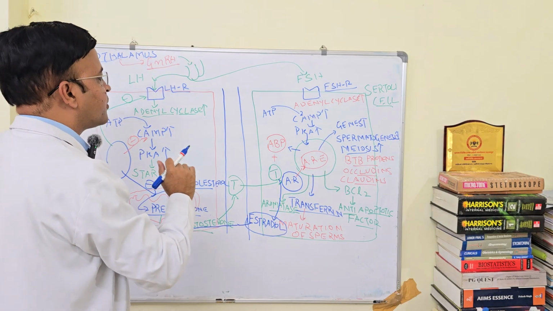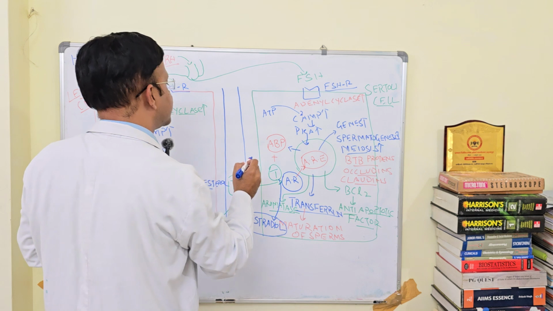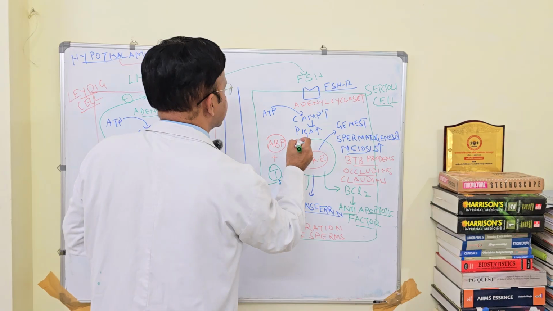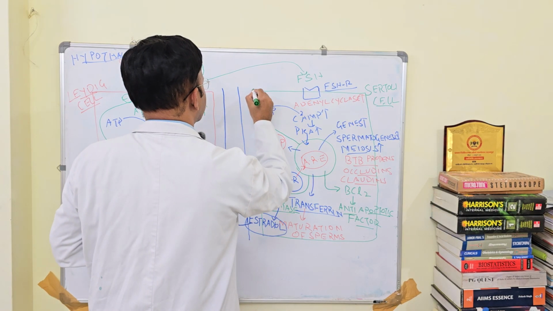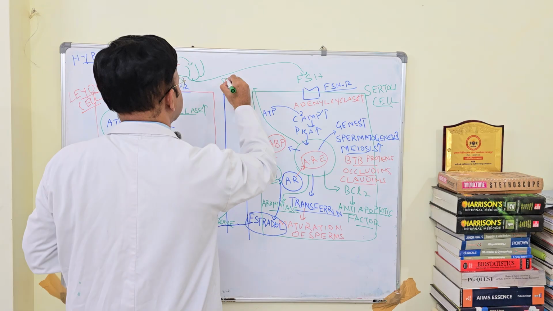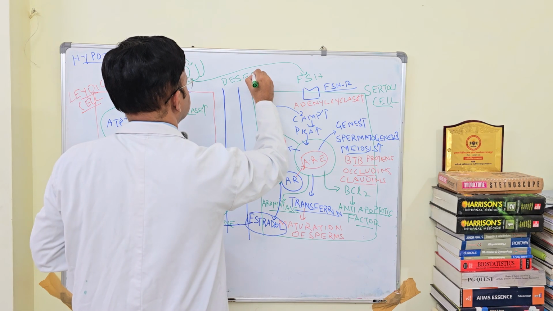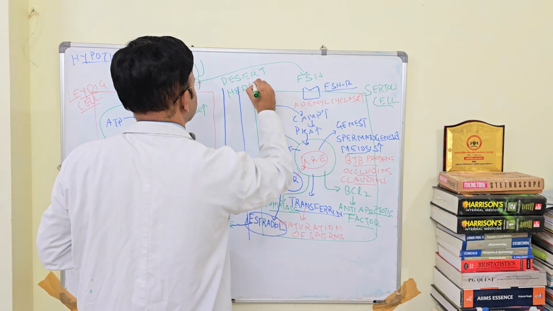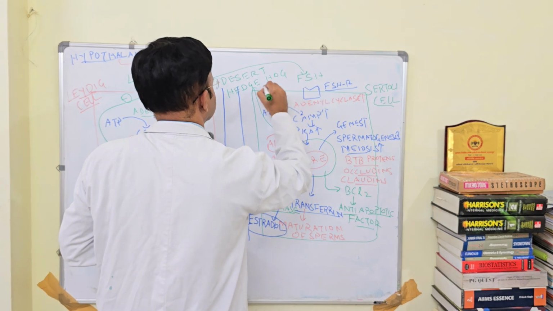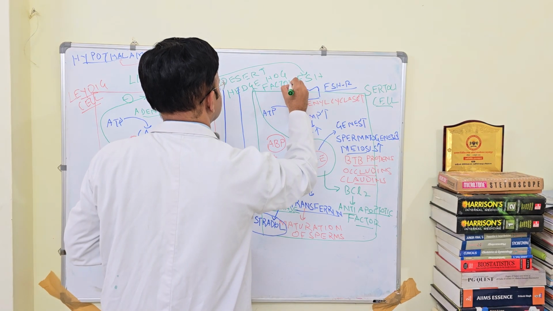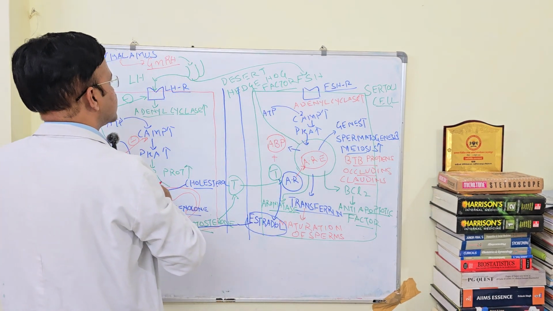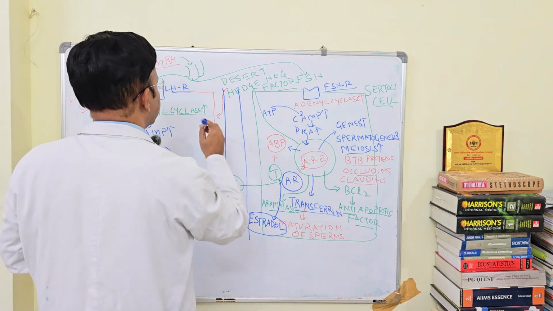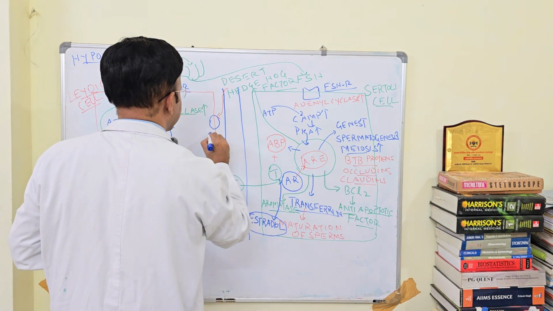One very important factor which is synthesized by Sertoli cells during fetal life is your desert hedgehog factor, right? Desert hedgehog factor. In short form, we write it DHH, right? So this desert hedgehog factor comes and binds to one receptor which we call PTCH1, right?